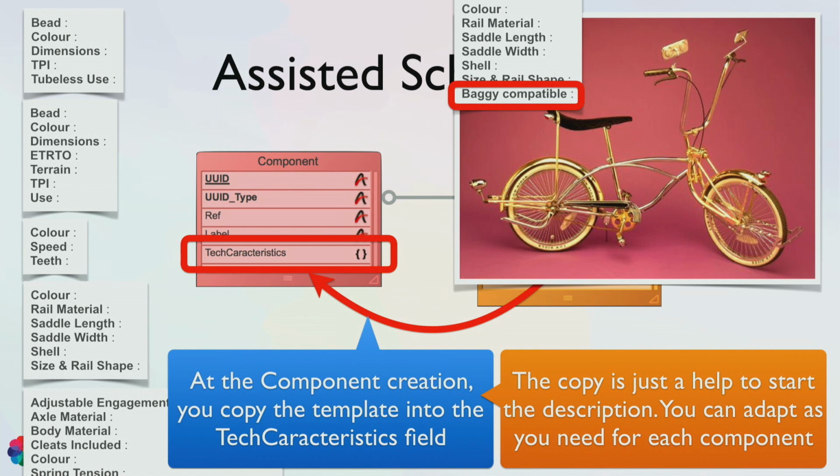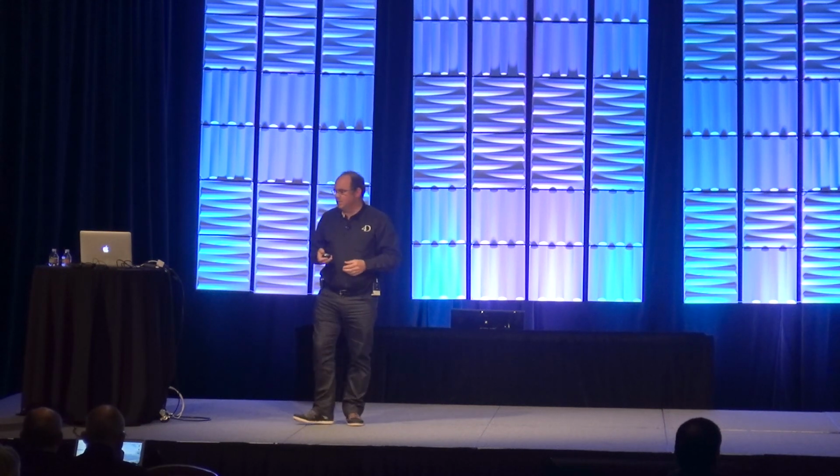You have a template in a master record in the type of component. You use this template and you evolve the template in life for each component.